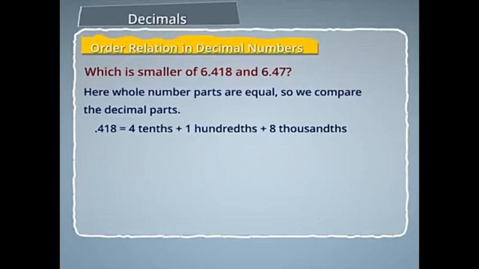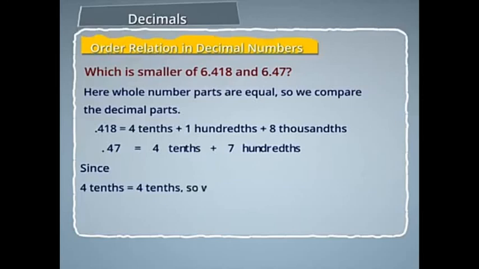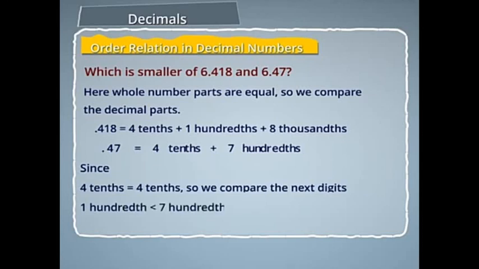Similarly, 0.47 is equal to 4 tenths plus 7 hundredths. Since 4 tenths is equal to 4 tenths, we compare the next digits. Here, 1 hundredth is less than 7 hundredths. Therefore, 6.418 is less than 6.47.